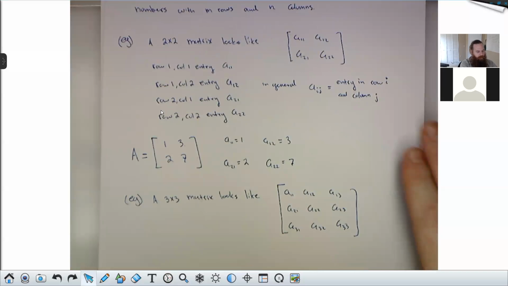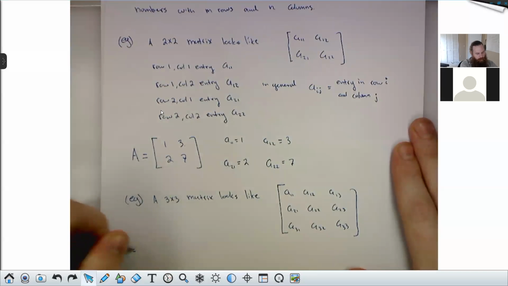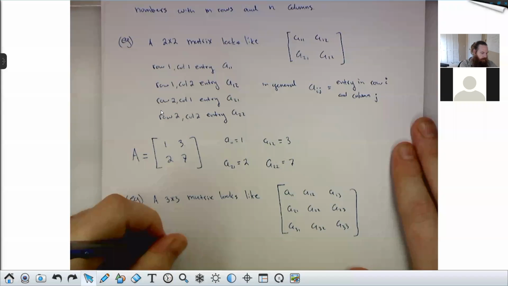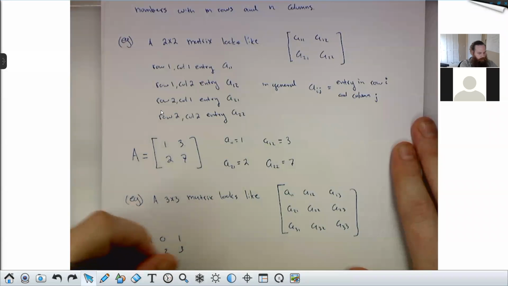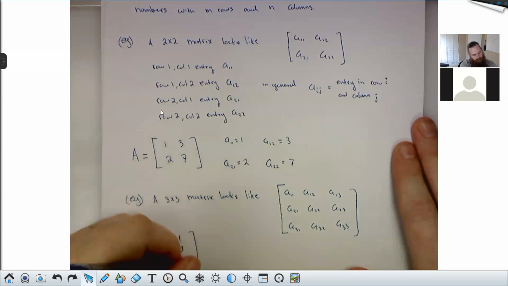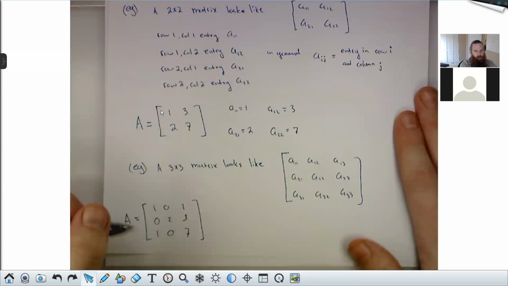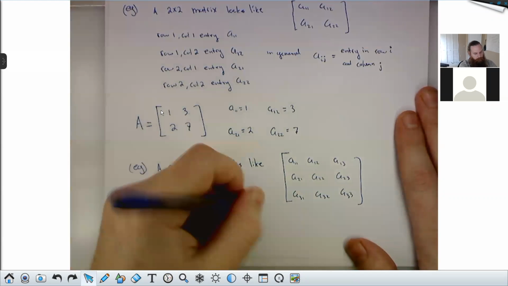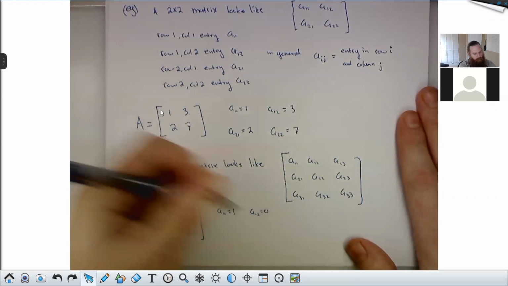And an explicit example here, maybe 1, 0, 1, 0, 2, 3, 1, 0, 7, something like this. And here, A11 is 1. A12 is 0.